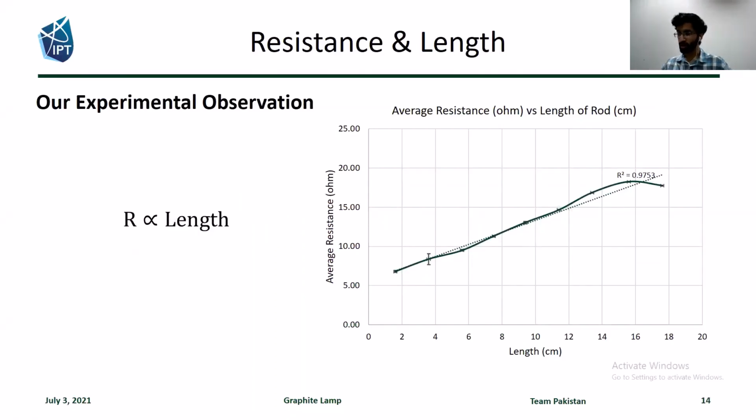I guess let's start with the first part where you particularly mentioned why the light is emitted. I guess that was your first point on the discussion slide. Yeah. So that phenomenon is basically the light emission process. As I mentioned, the main basic phenomenon behind this whole process is Joule heating. When a large amount of current passes through the conductor, or in our case the pencil, it results in a high amount of heat being generated within that rod due to the high resistance faced by that current.